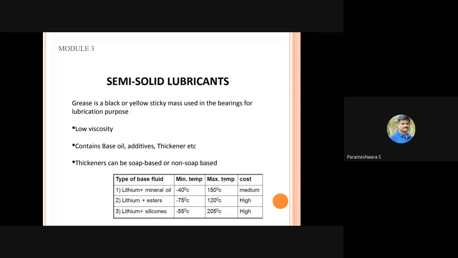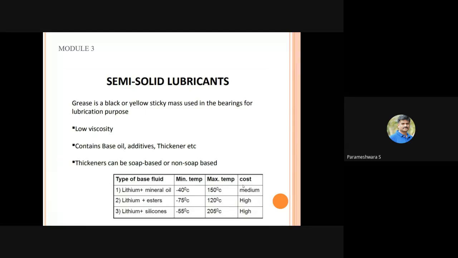These thickeners can be soap based or non-soap based. Basically, grease is made out of mineral oil, esters, and silicones. Lithium can be added to that to have some desired properties. With mineral oil, it can be operated between a minimum and maximum temperature of minus 40 degrees Celsius to 150 degrees Celsius.